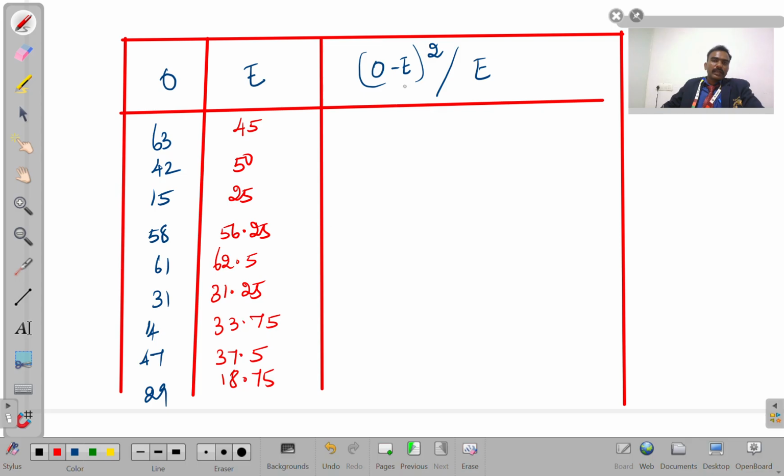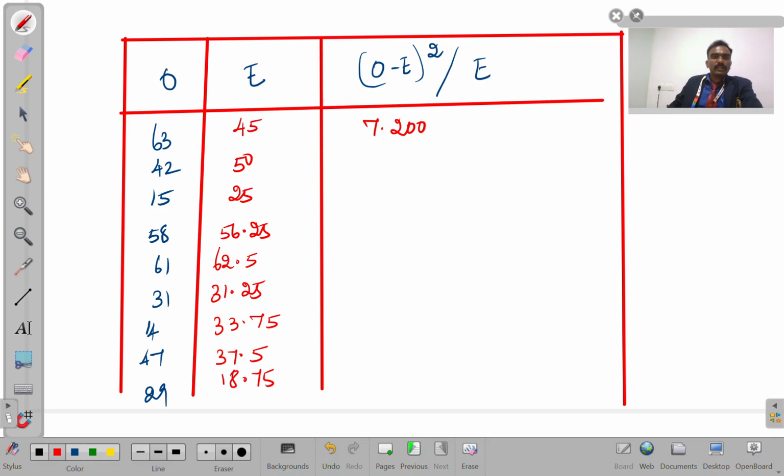Then we need to find observed minus expected the whole square by expected value. Better to use a scientific calculator to get the values. First one, 63 minus 45 the whole square divided by 45. The value is 7.200. You also can use a scientific calculator and verify the values.